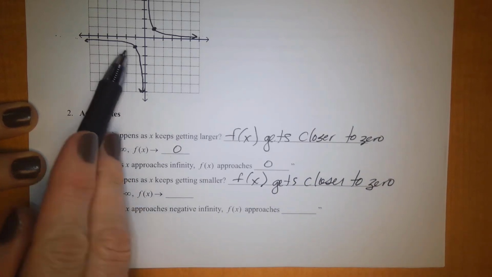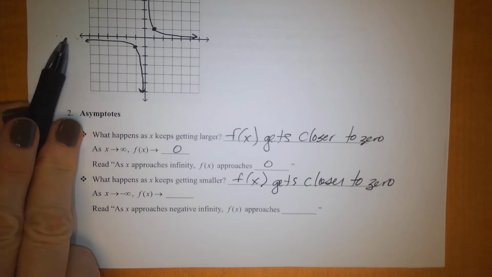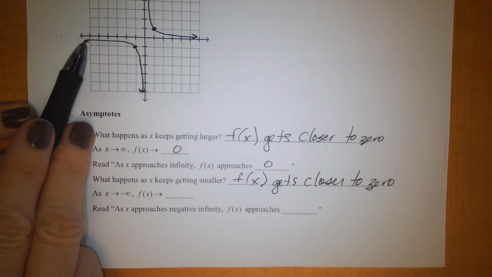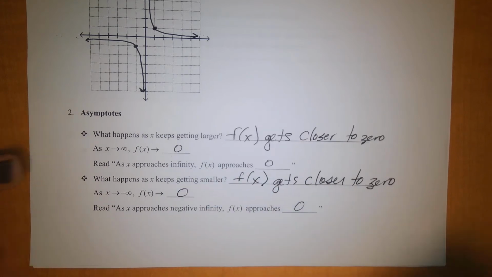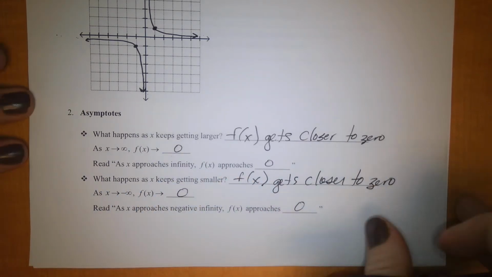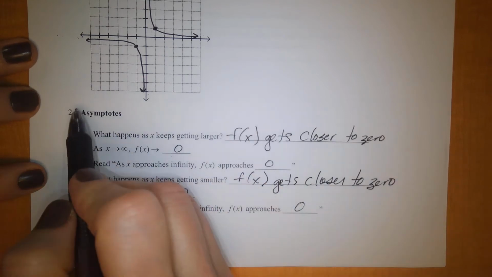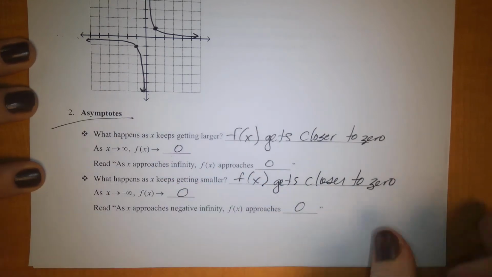So as x approaches negative infinity, the function f of x, or y, gets closer and closer and closer to 0. So we're going to use this information to discuss asymptotes on the next page.